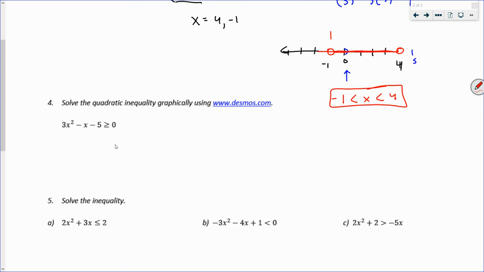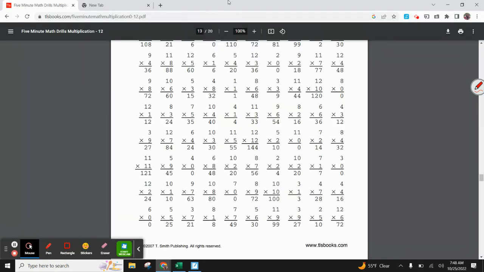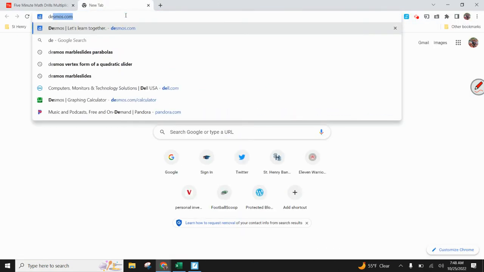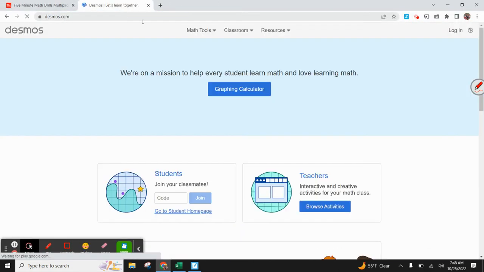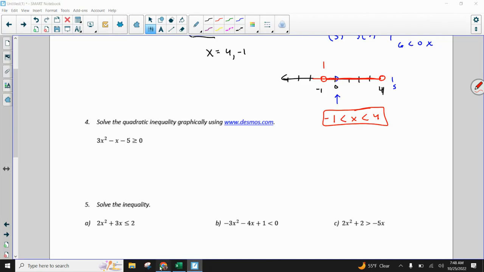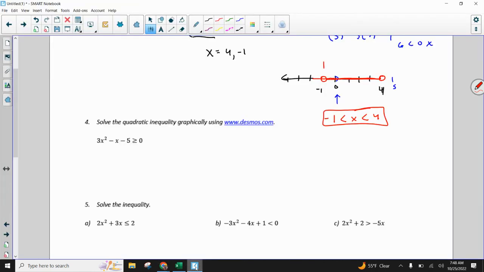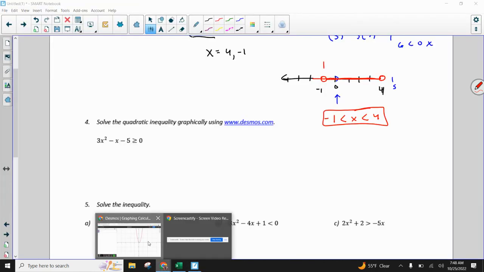This next one, it says we can use Desmos. So I want to remember 3x squared minus x minus 5.